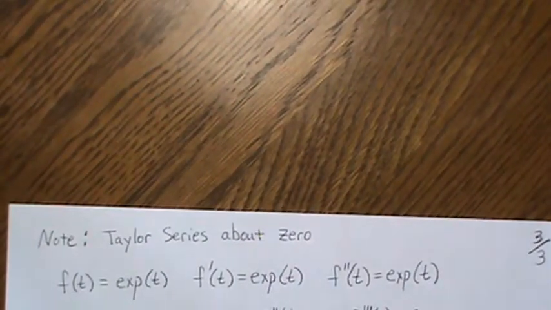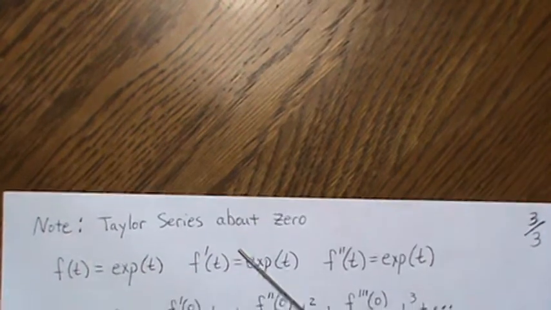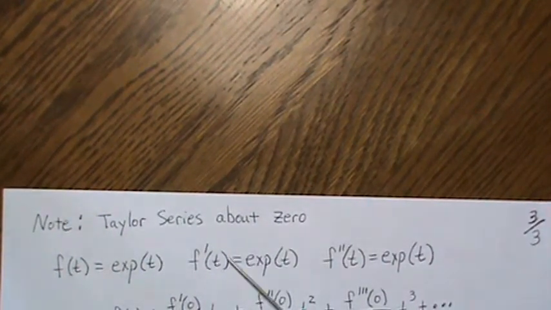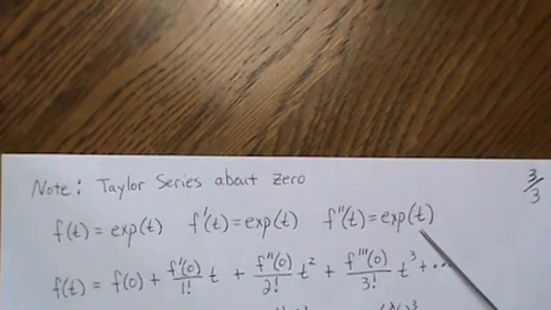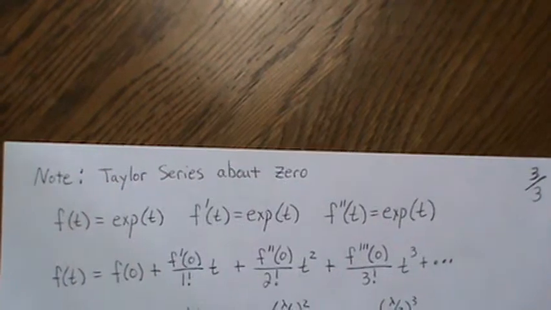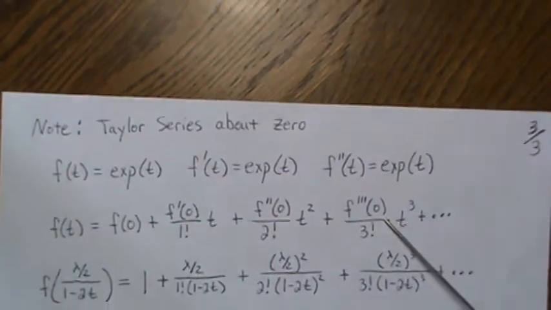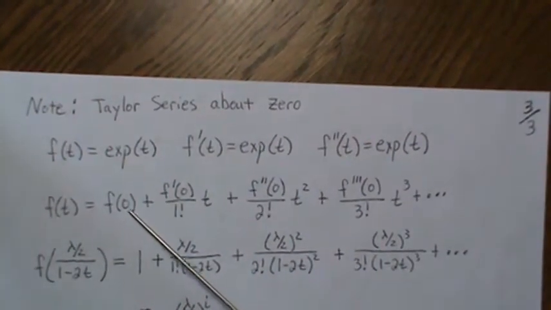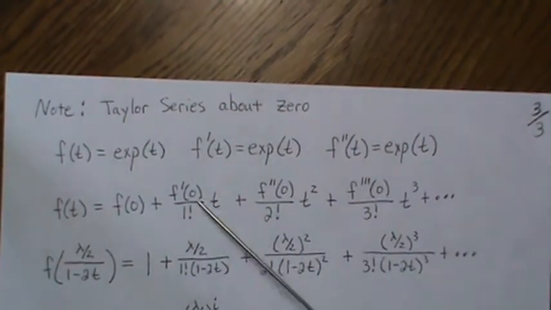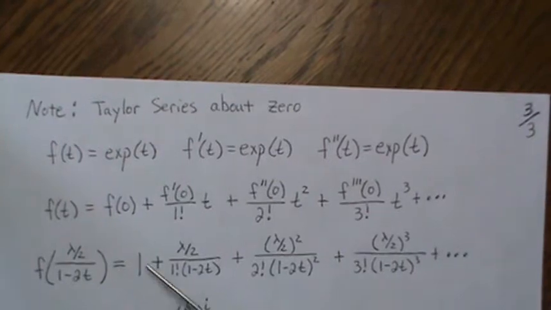So this is background, a Taylor series about 0 of e to the t. If we take the derivatives, we get the same thing back, and so then the Taylor expansion about 0, or a Maclaurin series, is this. Then you can show, when you evaluate it at 0, that's 1, so all these are little 1s.